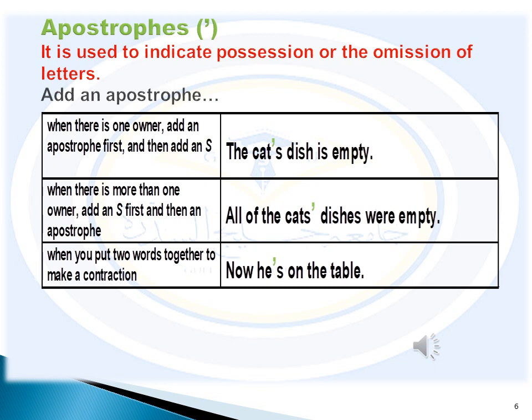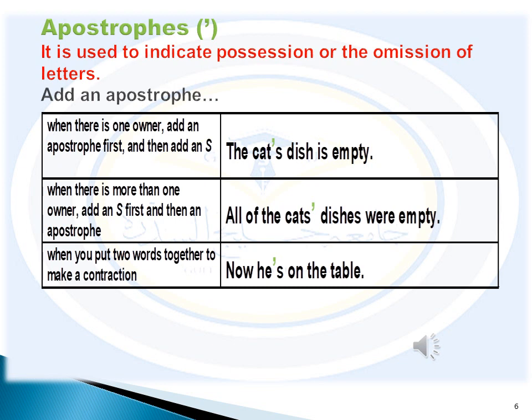The cat's dish means it's a dish for one cat, or owned by one cat. But when you say all of the cats' dishes were empty, you are talking about cats' dishes. And the apostrophe follows the S. That means here we are talking about plural cats, not just one cat.